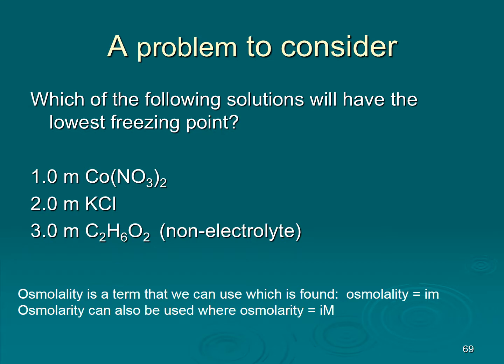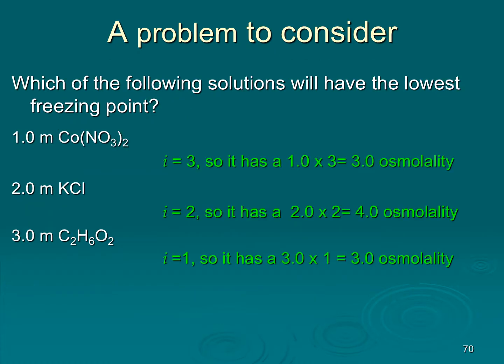If you don't take that little i into consideration, you would probably get the wrong answer because you would say, well, 3 molal, being the highest concentration, will lower it the most. But again, we have to take into account how many particles they break up into. So if you look at 1 molal cobalt nitrate, since it has a little i of 3, it will have a 3.0 osmolality.